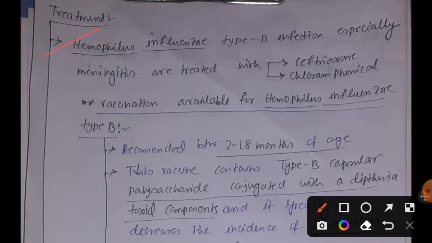I have also told you in my previous video lectures that Haemophilus influenzae type B, due to the presence of capsule, has the ability to cause more invasive disease. The biggest threat of type B infection is meningitis. Meningitis is treated with ceftriaxone and chloramphenicol.